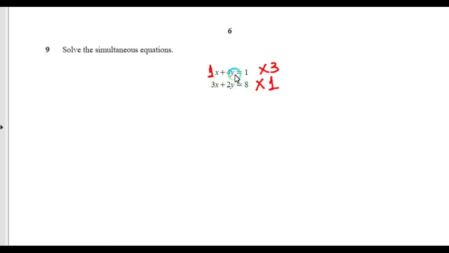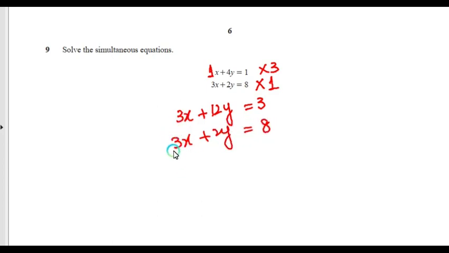So when you multiply this equation by 3, it becomes 3 times x is 3x, 3 times 4y is 12y, and 3 times 1 is 3. 1 times the whole equation will be 3x plus 2y equal to 8. So the coefficients are equal now. The signs should be opposite, so they can be cancelled out. So that's why I'm changing the signs of the second equation, right?